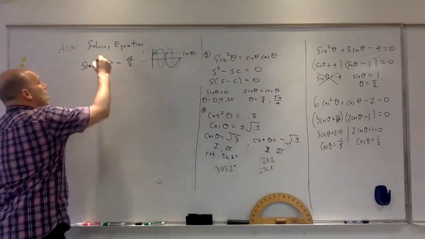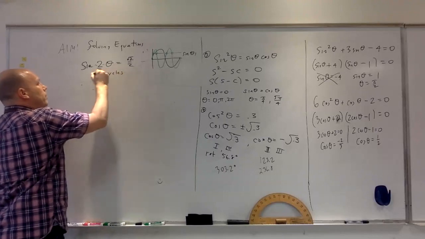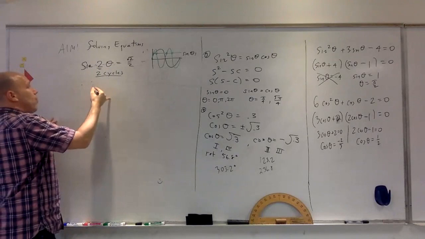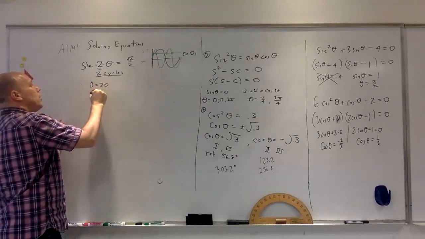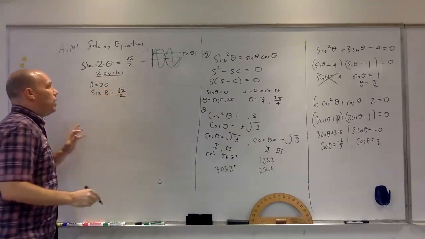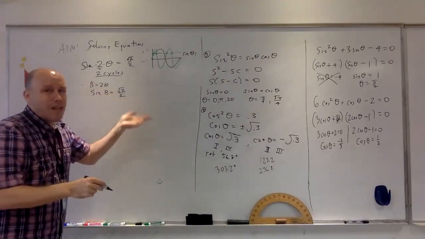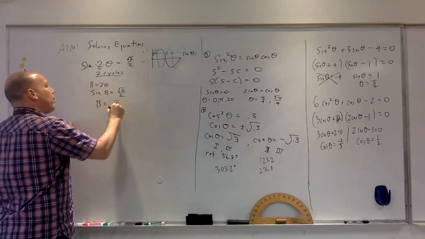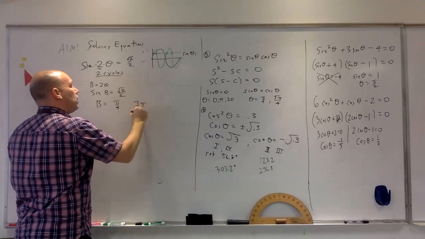As I said before, because you have the number 2 here, there are 2 cycles. So what we're going to do is first let b equal 2 theta, and look at the equation sine of b equals radical 2 over 2. By inspection, you say, okay, I know this one. That's 45. So b is equal to pi over 4 and 3 pi over 4.